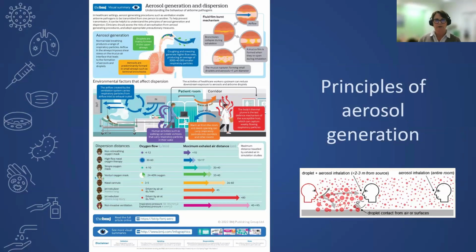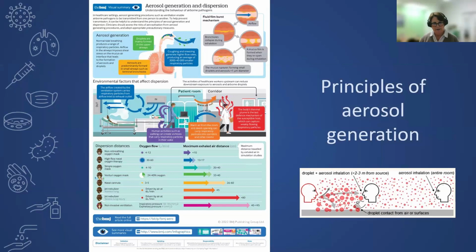Too many people within the environment, their movement can create vortexes that carry the respiratory particles in their wake. And we can therefore get further transmission, and that's why sometimes in chickenpox outbreaks, the source can be in one room, and then through airborne transmission, subsequent non-immune patients in other rooms acquire the infection.